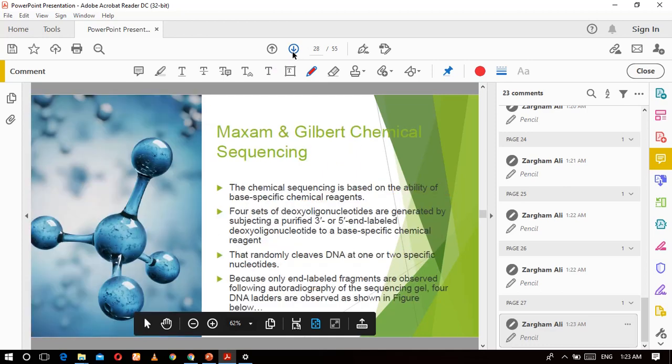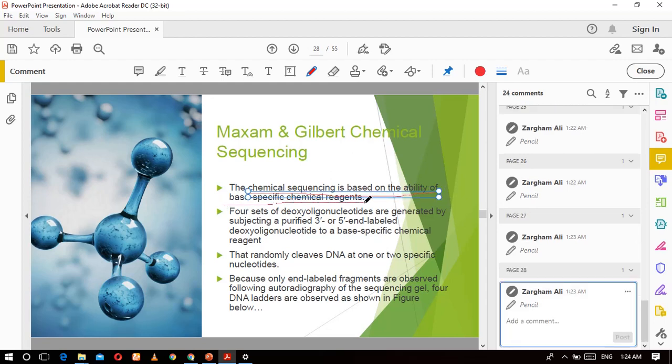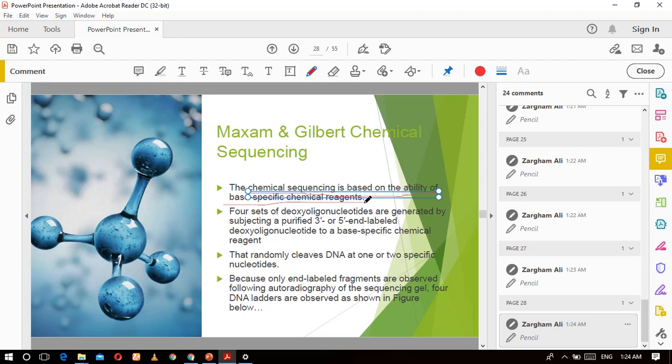And the next method is Maxam and Gilbert chemical sequencing. This chemical sequencing is based on the ability of base-specific chemical reagents.